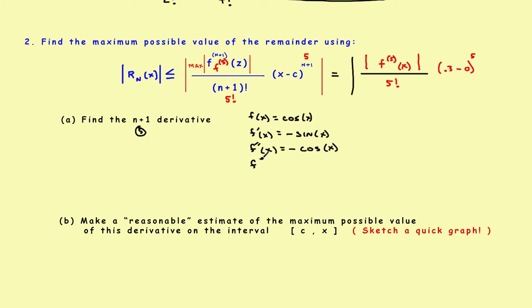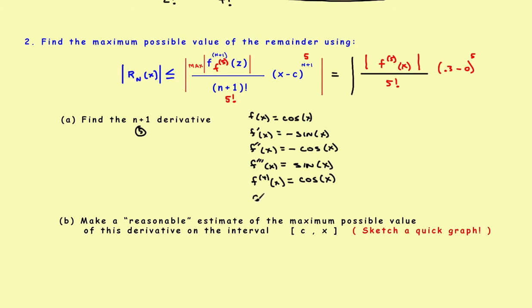Then the third derivative would give you the negative of the cosine, but the derivative of the cosine is the negative of the sine, so you'd have the negative of the negative, which would turn back into the positive of the sine. Then you go to the fourth derivative, and the derivative of the sine is the cosine.